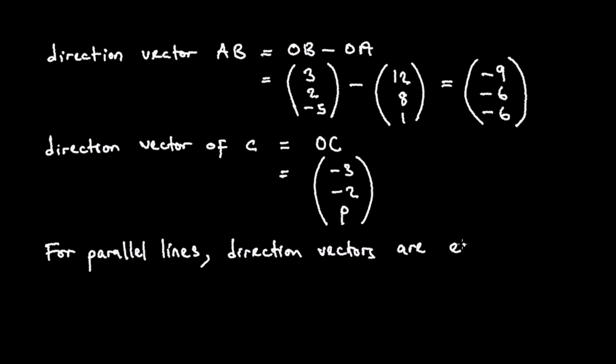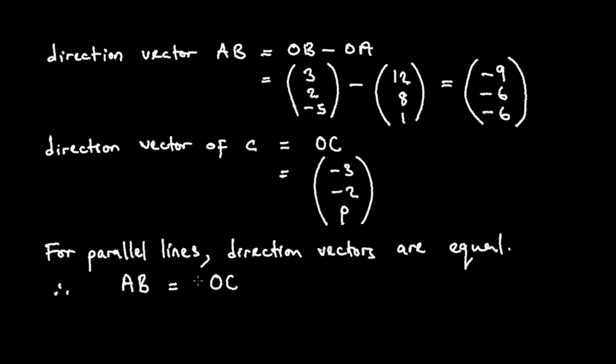Therefore, AB should be equal to OC. But looking at AB, we see minus 9, minus 6, minus 6. It's not equal to -3, -2, p.